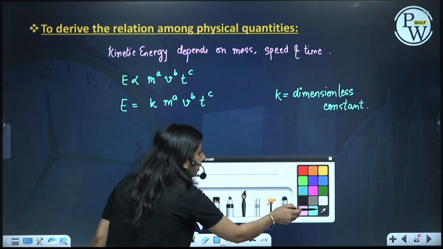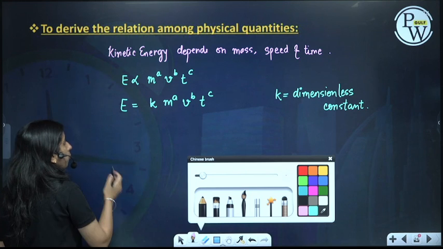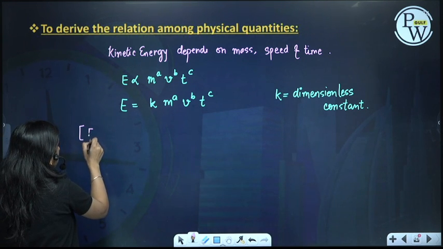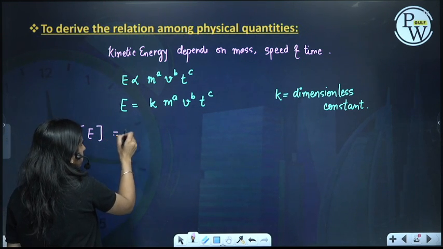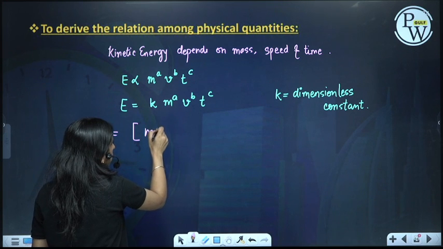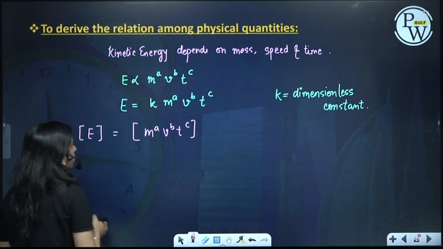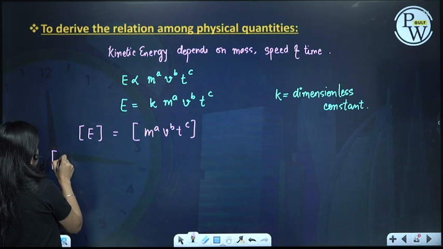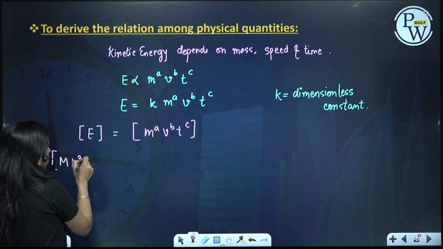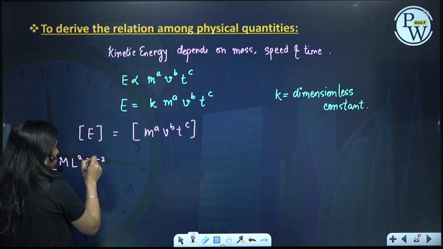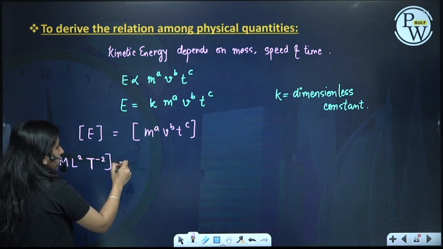Now apply the principle of homogeneity. Dimensions on the left hand side of the equation must be equal to dimensions on the right hand side of the equation. So what are the dimensions of energy? M L squared T minus 2.